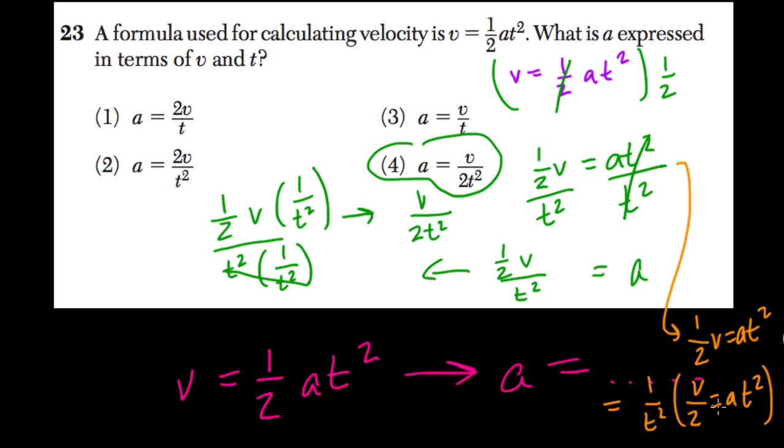And what this does, on the right side it cancels out the t squared, but on the left side we have 2v times 1 over t squared, just like that. So that's another way of looking at it. Either way I get to the same answer, but perhaps you prefer this method as well. Alright, thanks.